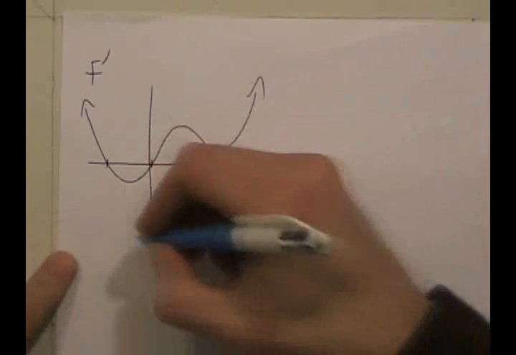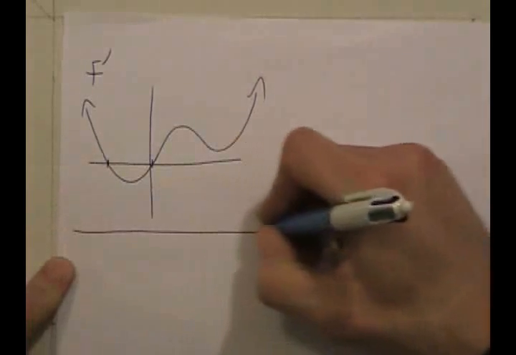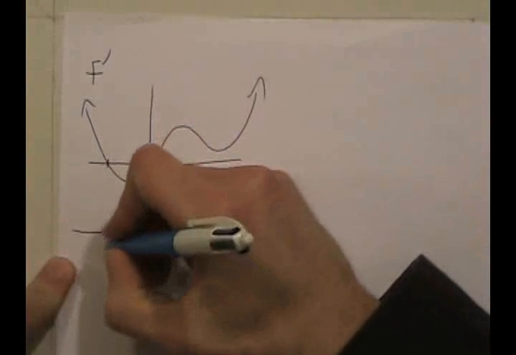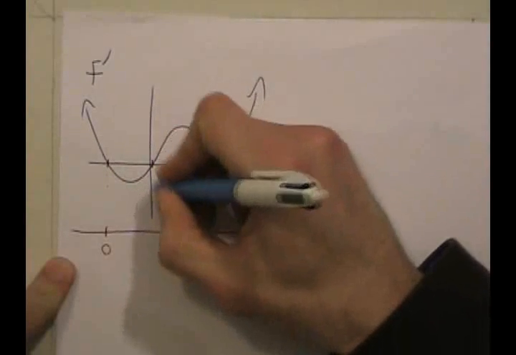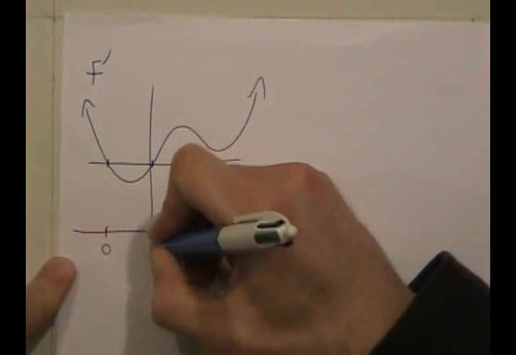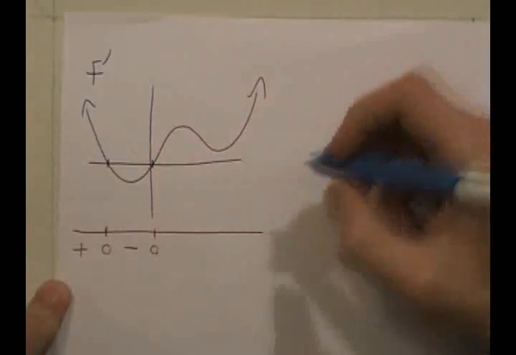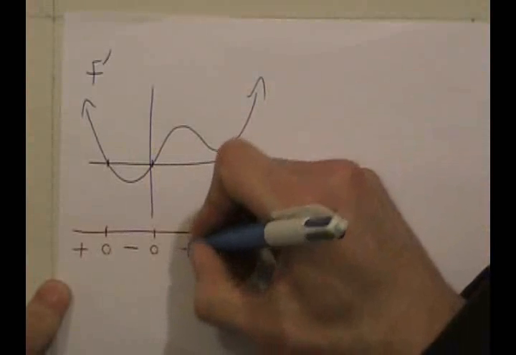In fact, we can make a sign chart that goes along with this. At this x value, f prime is 0, and at this x value, again, f prime is 0. It's positive over here, negative in between, and positive thereafter.